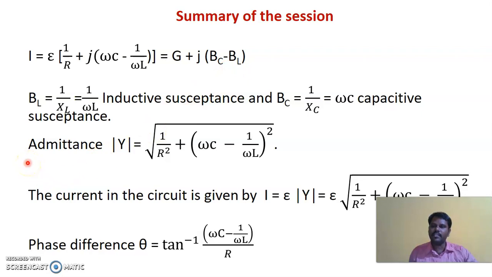And the admittance is given as Y is equal to square root of 1 over R square plus omega C minus 1 over omega L whole square. The current in the circuit is given as I is equal to epsilon into Y, which is epsilon times the root of 1 over R square plus omega C minus 1 over omega L whole square, with a phase difference theta is equal to tan inverse of omega C minus omega L over R.